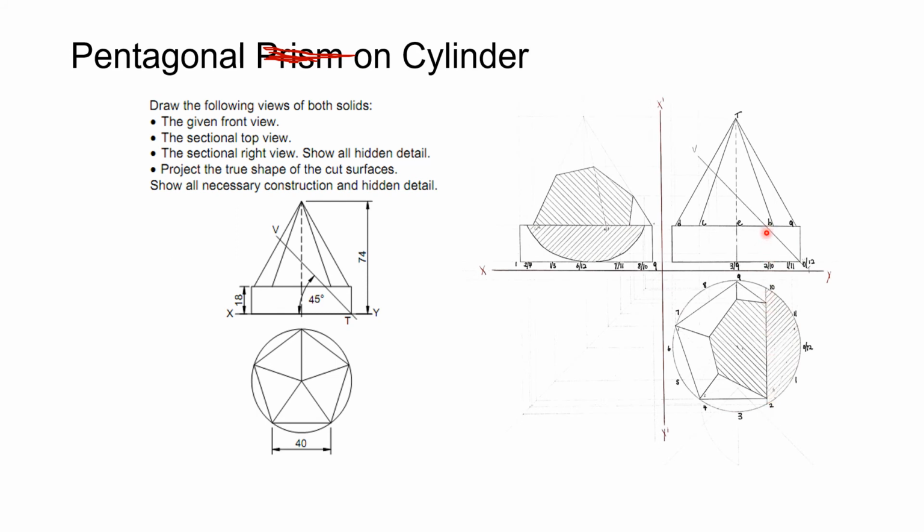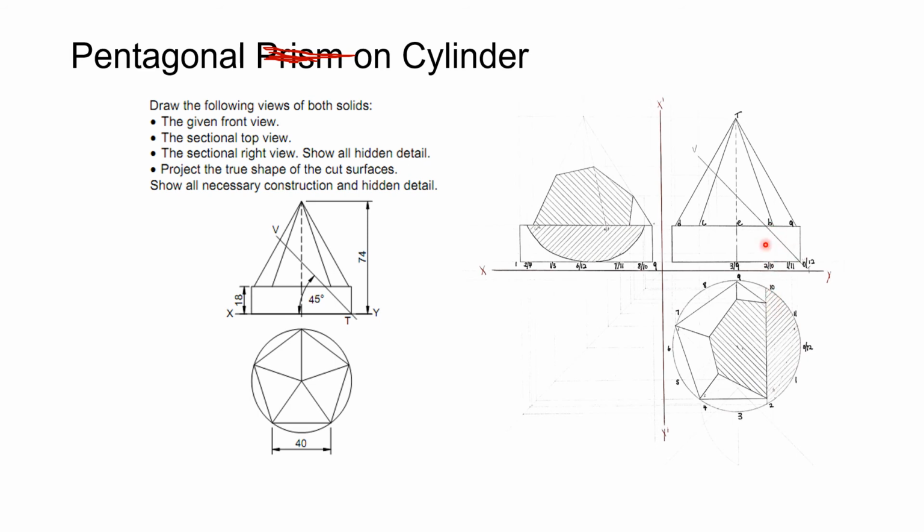So this cutting plane cuts only the cylinder. We are dealing with the cylinder first. It cuts at 0, 1, 2, and 12, 11, 10 there.